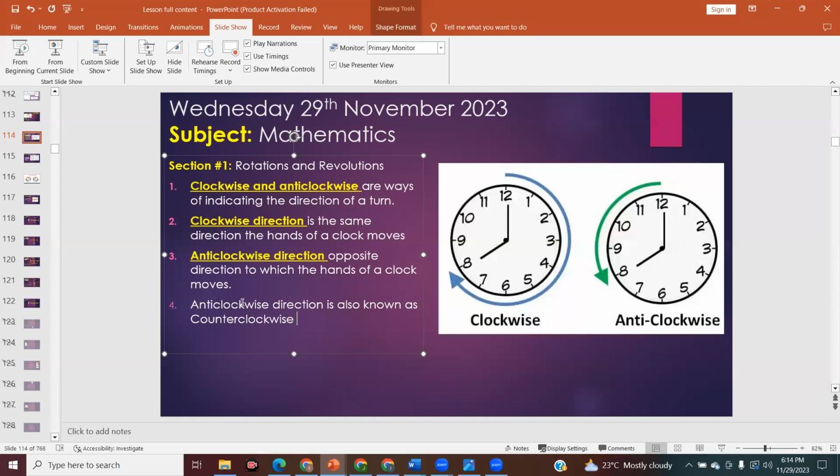Counterclockwise direction. Okay. So if we want a synonym for anti-clockwise, we'd say counterclockwise, right?